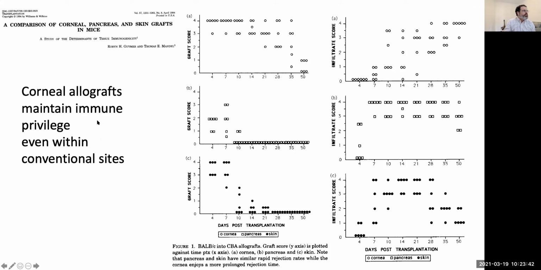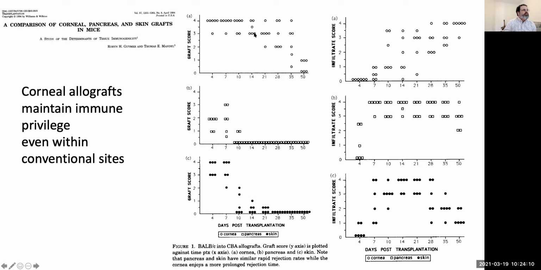1994, where they compared cornea allografts, pancreas and skin in the subcapsular, the kidney capsule. And you can see what they did was basically have a graft score: the higher the graft score, the more the graft is, I wouldn't say functioning, but at least histologically appearing relatively normal.